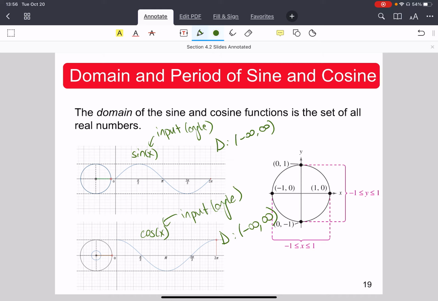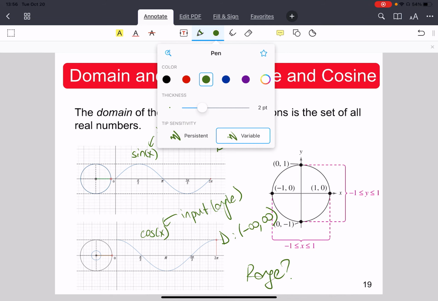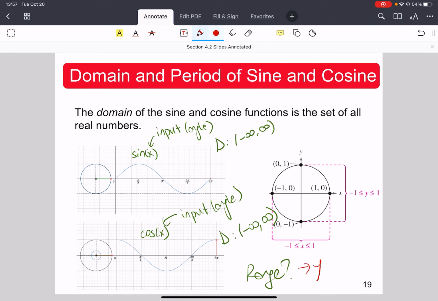So then what we're interested in is the range. How do we figure out the range? How do we figure out the period? The way we can figure that out is, you realize range is always the y value, or the output of a function. That's what range is.